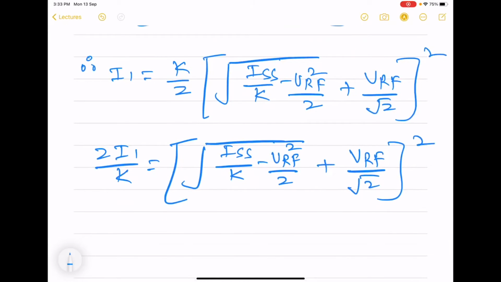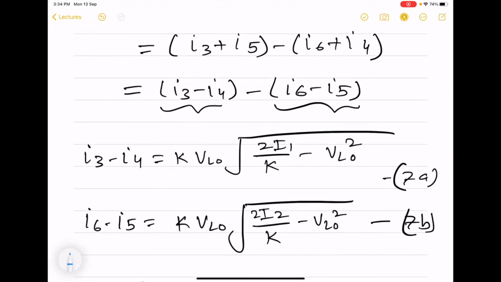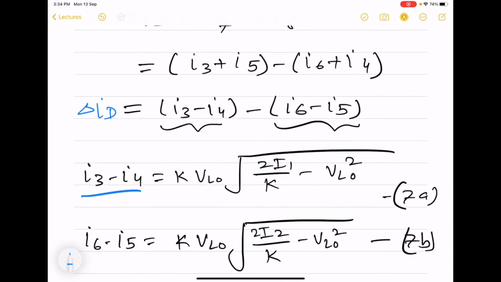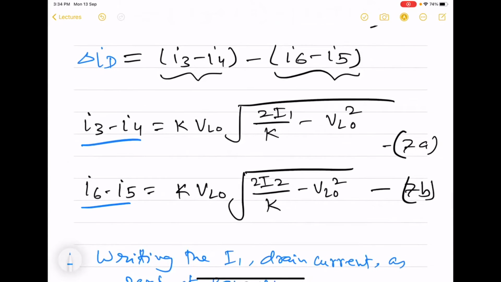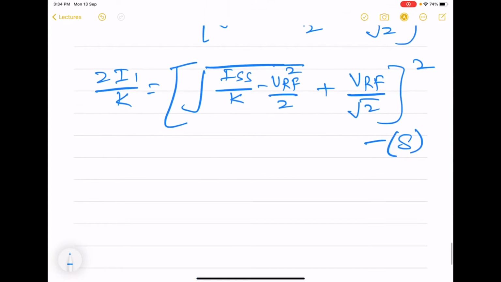So let us call this equation 8. So now we are going to use this in the expression for the final output. So this is delta ID, the final output current, and this is a function of the difference of these two currents, and ultimately a function of I1 and I2. So in 7A and 7B, we will be substituting the expressions for I1 and I2 that we just now derived and given in equation 8.